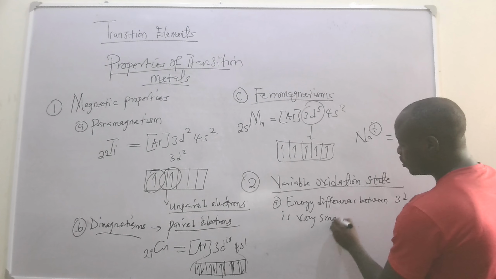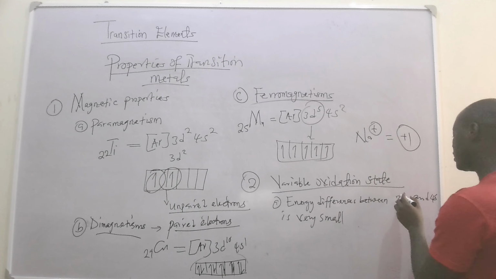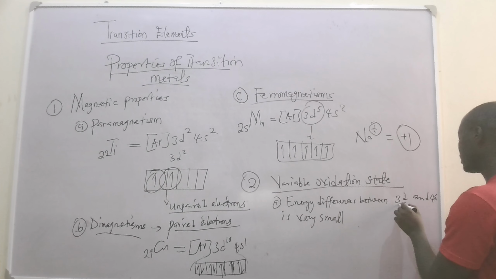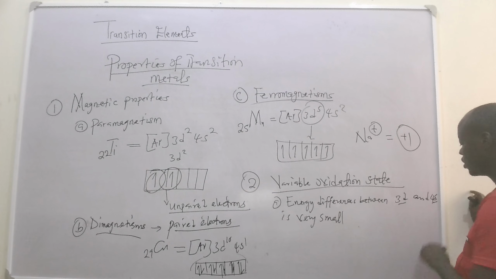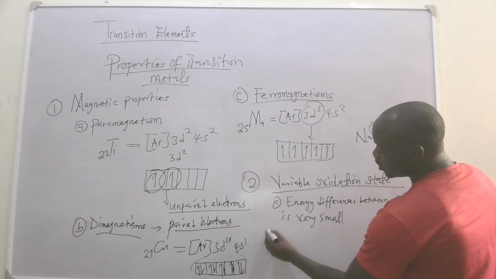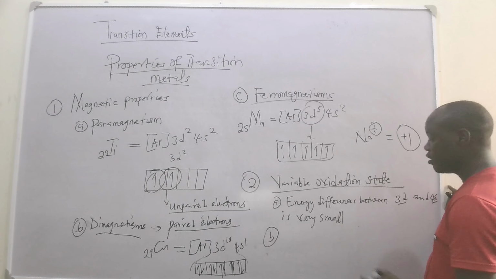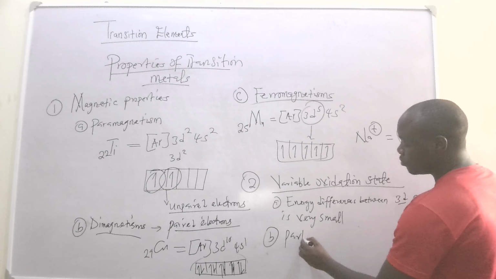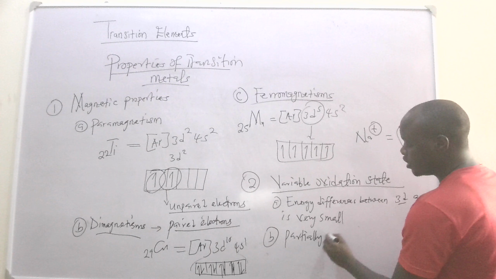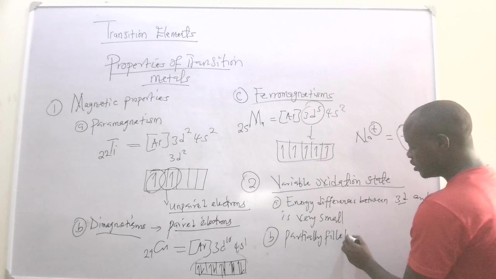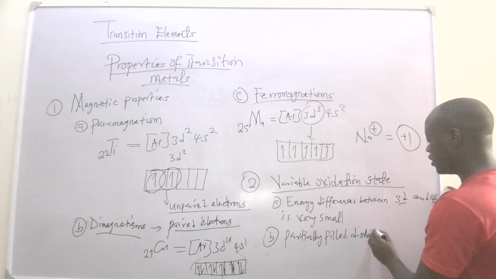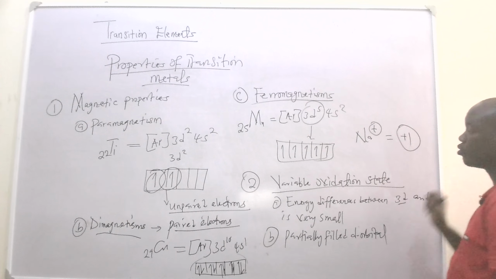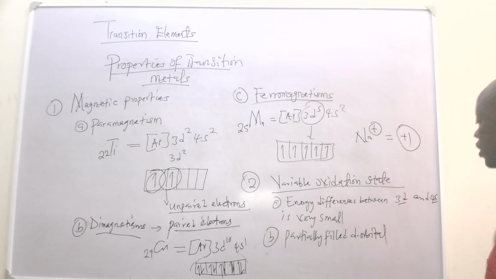And that is why electrons can be used from 3d and can also be used from 4s. Another reason why transition elements have variable oxidation states is because they have partially filled d-orbitals. That is why they can form variable oxidation states.